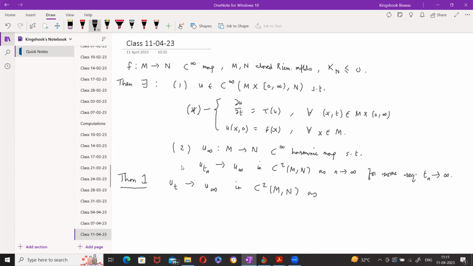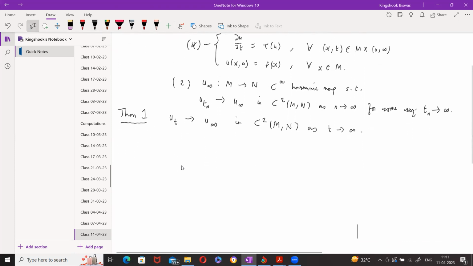So it's not just for a sequence of times, it's for all time large enough that Ut is close to U infinity in C2 norm. So actually the harmonic map heat flow converges.